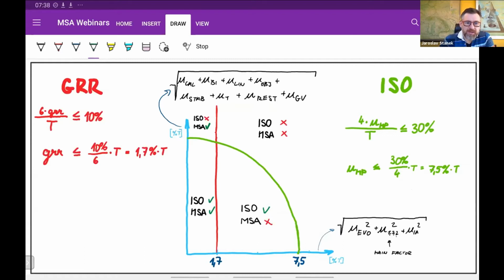Of course, unlike in the measurement system, where I was working with the bias and repeatability, this is a multi-dimensional problem.